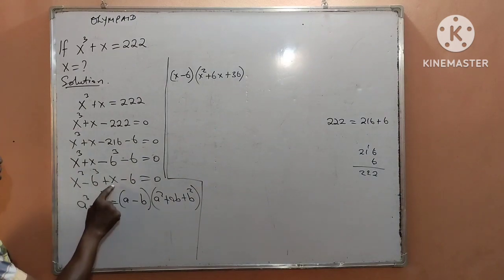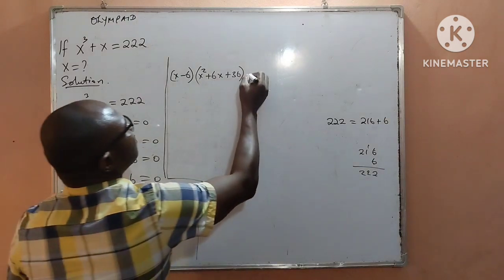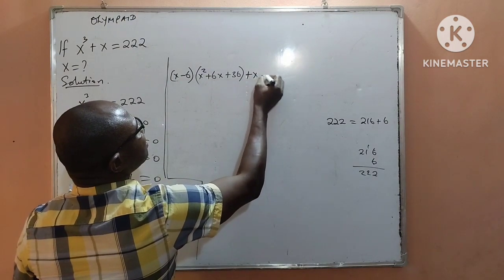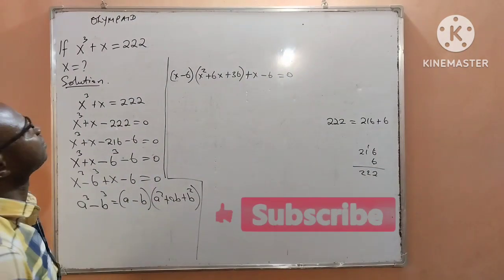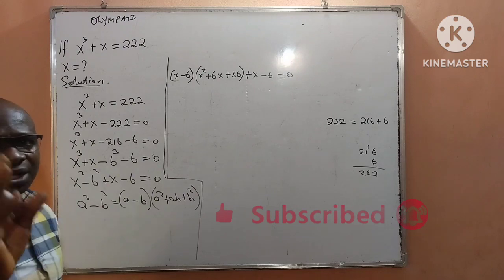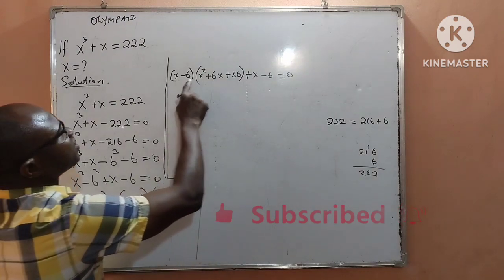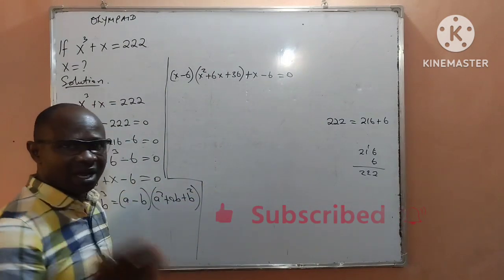But what is left now is x minus 6, so I put it plus x minus 6 equal to 0. It is moving well. Now, you can see x minus 6 here, x minus 6 here.